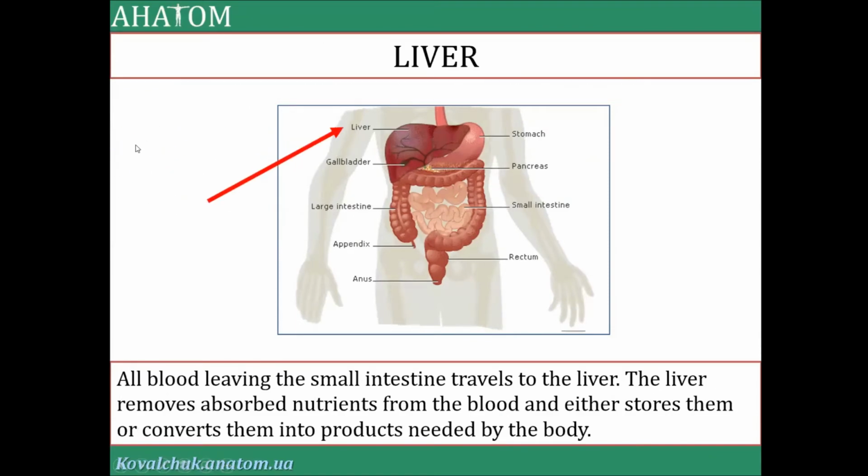Liver. All blood leaving the small intestine travels to the liver, and not only blood from the small intestine. From all the organs of the abdominal cavity, venous blood moves to the liver, and the liver removes absorbed nutrients from the blood and either stores them or converts them into products needed by the body.